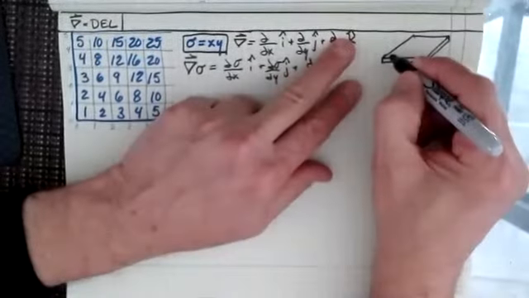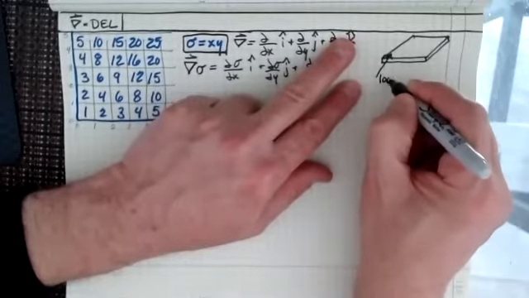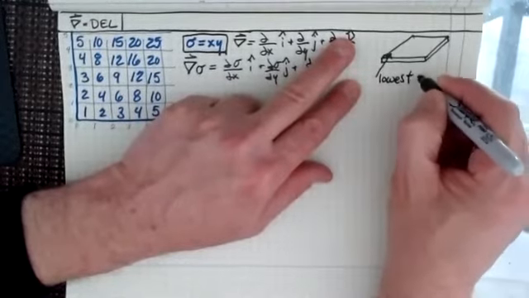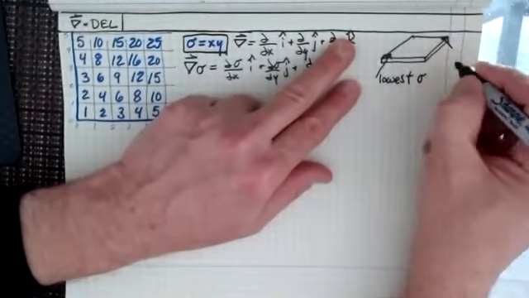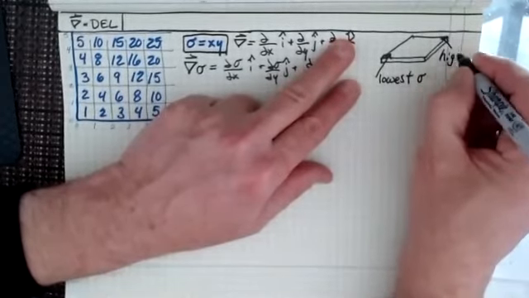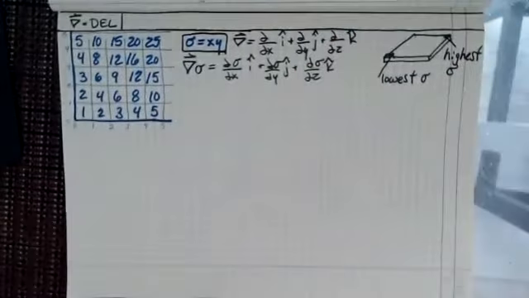And right down here, you'll see this is the lowest conductivity, and up here is the highest conductivity.